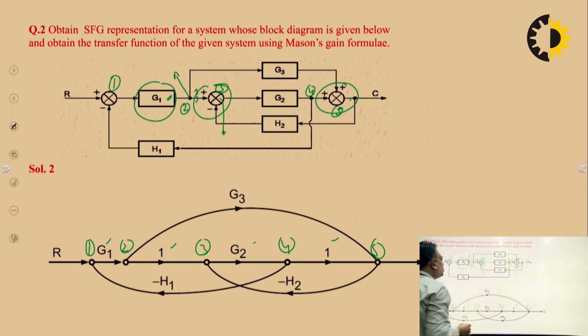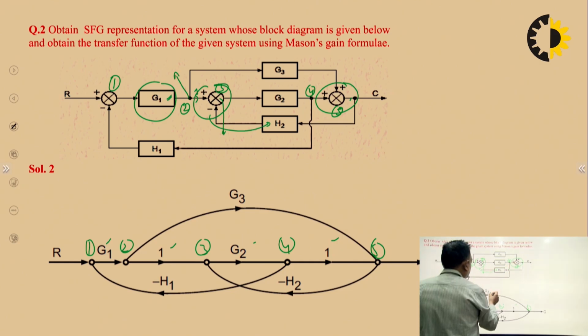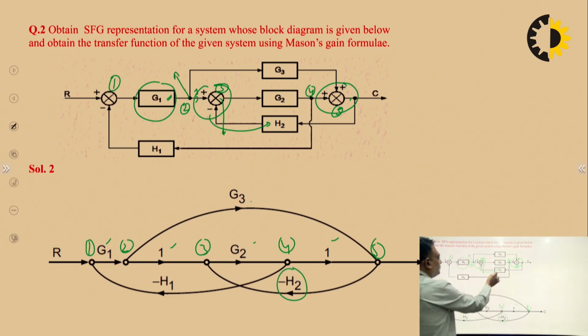This sign will directly come into the transmittance value: this is positive, so it is positive, this is positive, so it is also positive. From here you can see a minus sign is there, so that minus sign will come with the gain value. And also here it is minus H1, so this is like this.